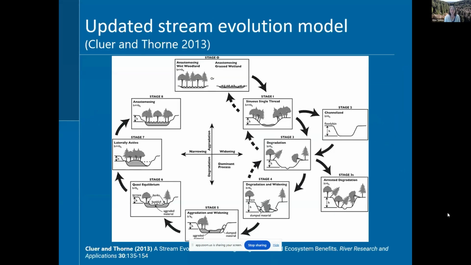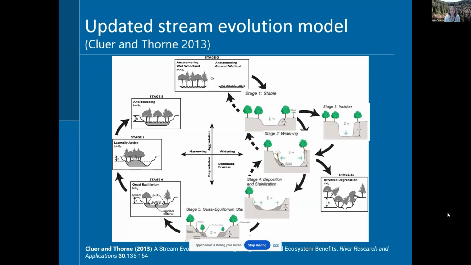So in 2013, Cluer and Thorne developed this updated evolutionary model, and you can see that original model overlaid here. In this updated model, there are several other states in the evolution of a stream. And there's also this precursor state, an anastomosing wetland system.